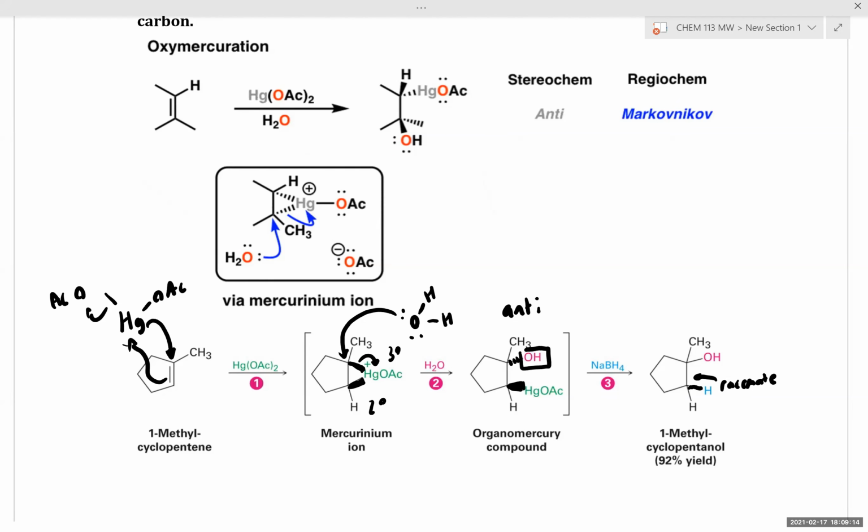And just remember, this is a wonderful method to install alcohols with anti-Markovnikov regioselectivity. Oh, sorry. This is a wonderful method to install alcohols with Markovnikov regioselectivity. So our alcohol, or water in this case, is installed at the most substituted carbon.